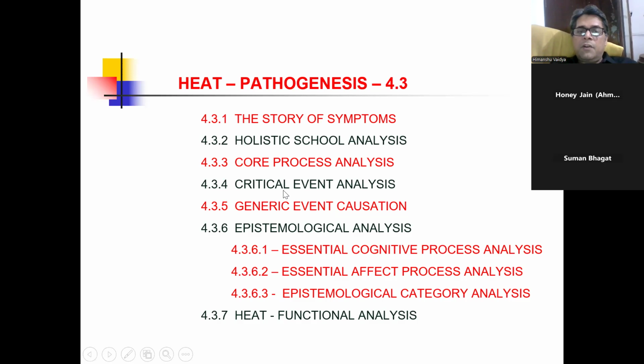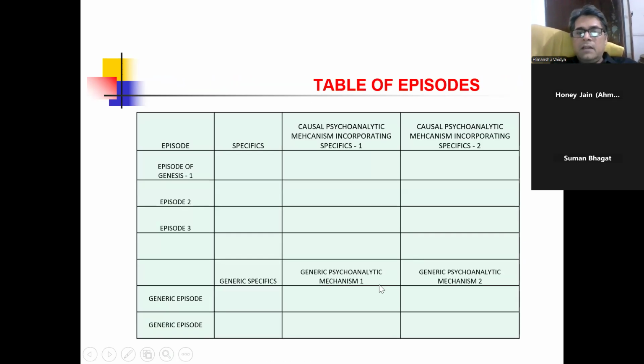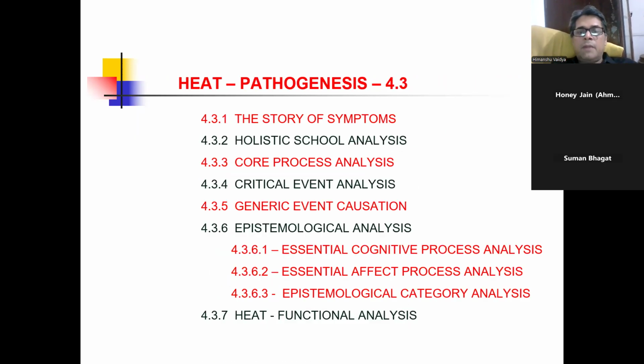Did it happen because of your free will wrongly used? Did it happen because of self journey, karma, or anything? So we apply the generic causation model to the critical event, and we also apply the epistemological analysis to the critical event. Now, what is the epistemological analysis? We do essentially the first two, the third is optional: the cognitive process analysis and the affective analysis. What do we mean by this?